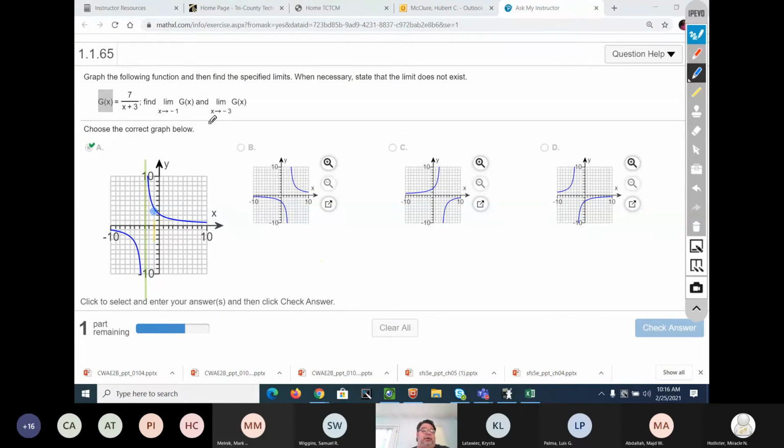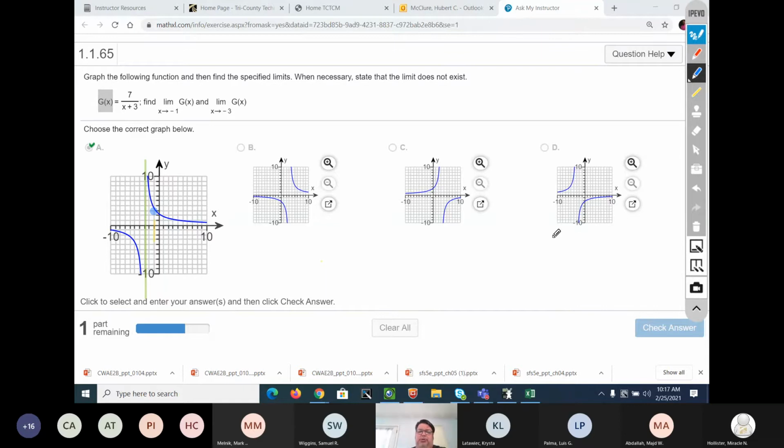Now, where's negative 3? Well, negative 3 is right here. We have infinity at negative 3 because you're approaching infinity on both ends. That's that green line. So negative 3 is infinity. And I can't really tell, it looks like they want it to be 3, but it's not exactly on 3.